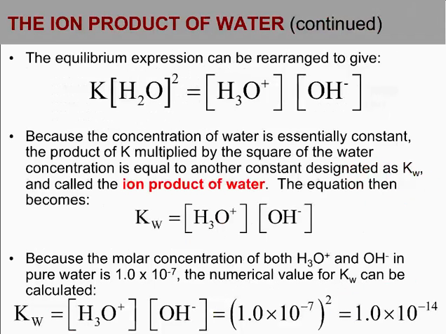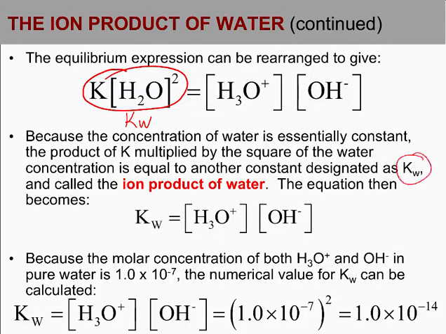So if we rearrange our expression, let's move H2O over to the left-hand side and we'll multiply it by K. We're going to replace this part of our equation with something called Kw. So because the concentration of water is essentially constant, the product of K multiplied by the square of the water concentration is equal to another constant, designated as Kw.